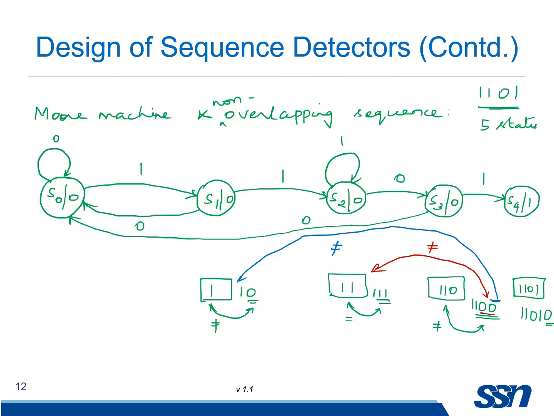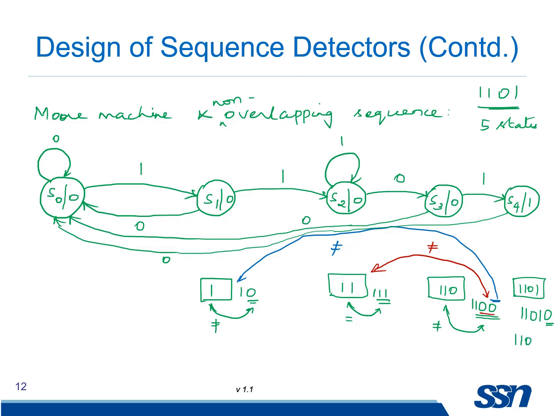So again, if I receive a 0 as the input, we move to the previous state of it, which is the initial state. So for input 0, I will move from S4 to S0.